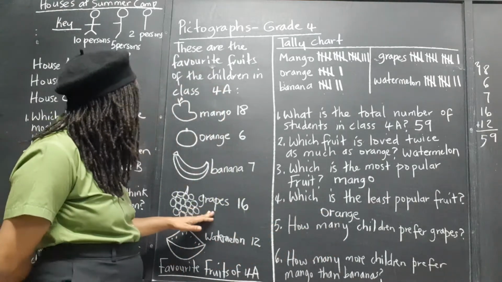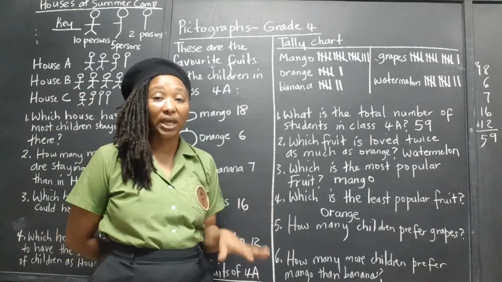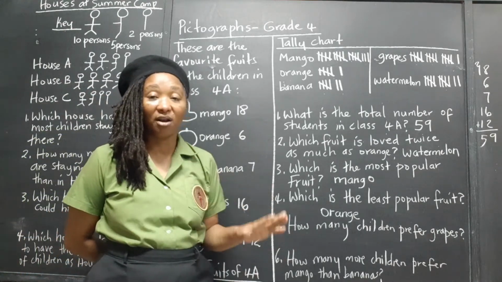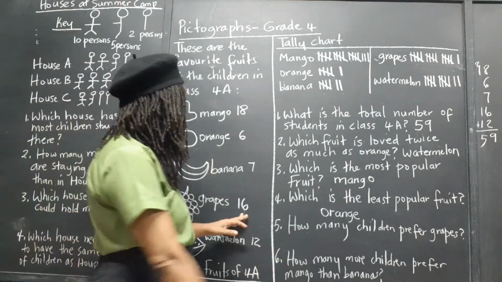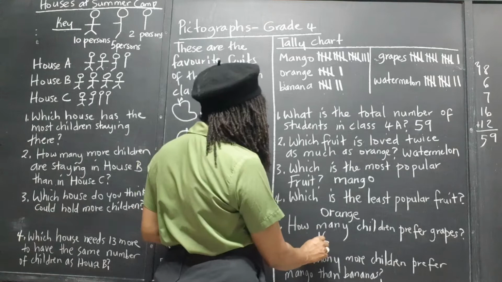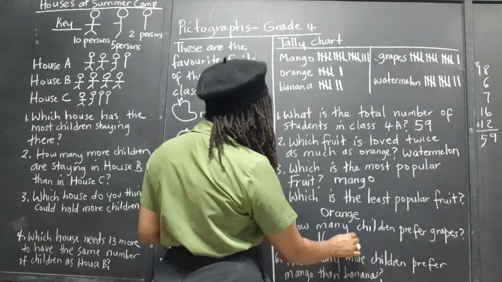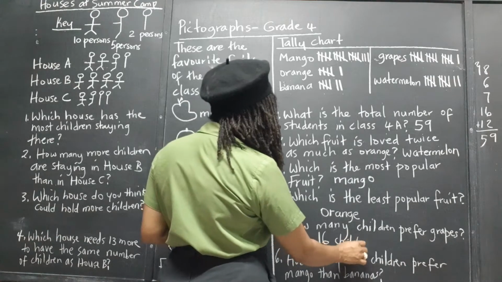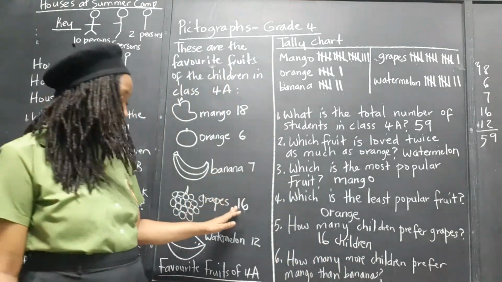So we go to grapes and we see that 16 children said, we love grapes more than all the other fruits. 16 children prefer grapes. So we're going to put 16. If we want, we can put children beside it. 16 children say they really, really love grapes.